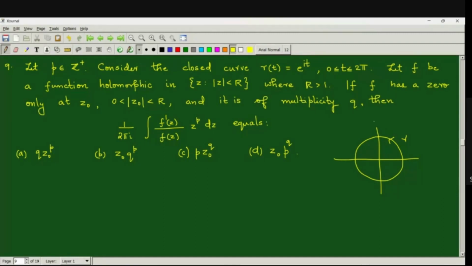Okay. So this is the curve, and they are giving that this f is holomorphic in a big region. Here, our radius is 1. What they are telling is that if this is of radius R, our f is analytic in this region.